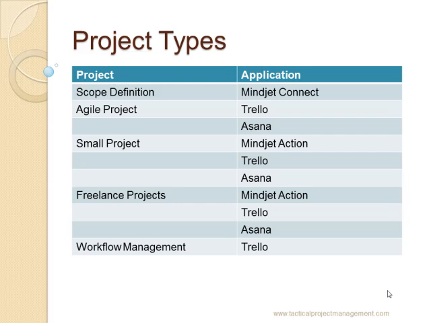And with a few clicks of the button, you've now distributed that entire project into Connect Action, which allows you then to go ahead and start collaborating on those individual tasks. Now, each of these websites also highlight examples of how you can use these tools to manage small projects. So Connect Action, Trello, Asana, all of them are equally equipped to help you with that collaboration.